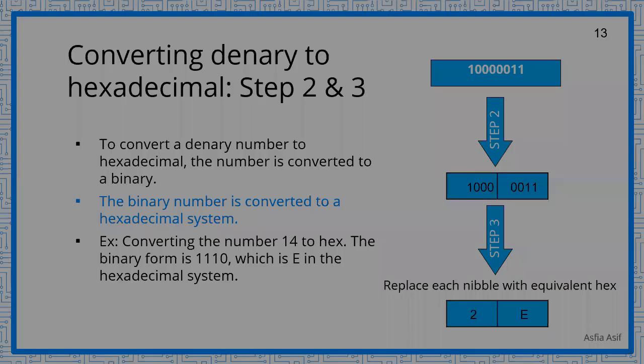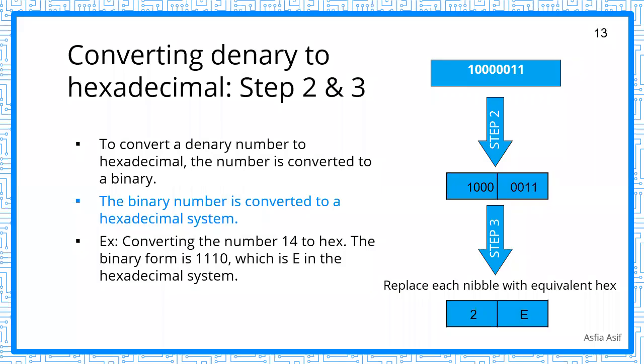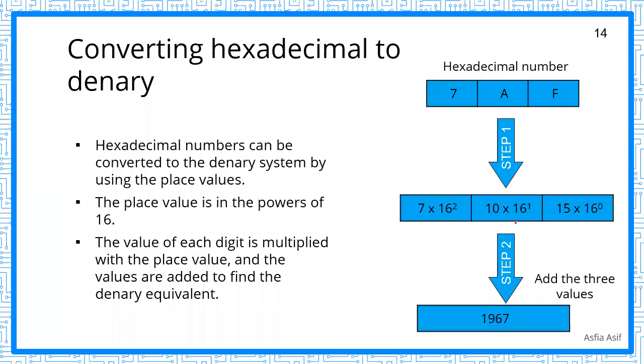Anyways, the method is the same. You divide the binary number into groups of 4, and then you convert them into the hexadecimal numbers.